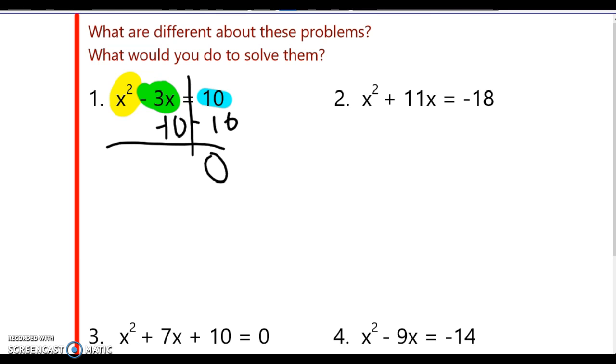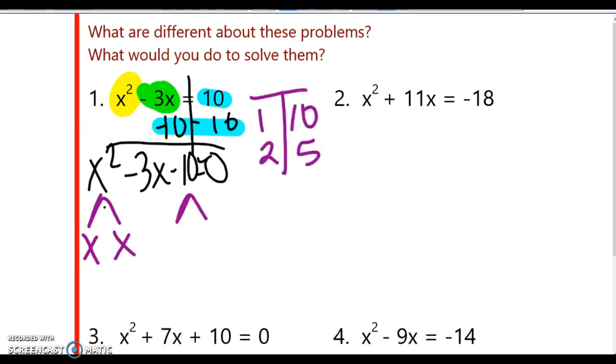No, so I can't take it from there either. It's a constant. So what I end up with is x squared minus 3x minus 10 equals 0. And at this point in time, now I can solve it. So why don't you go through and solve that really quickly for yourself and see what's going to happen.